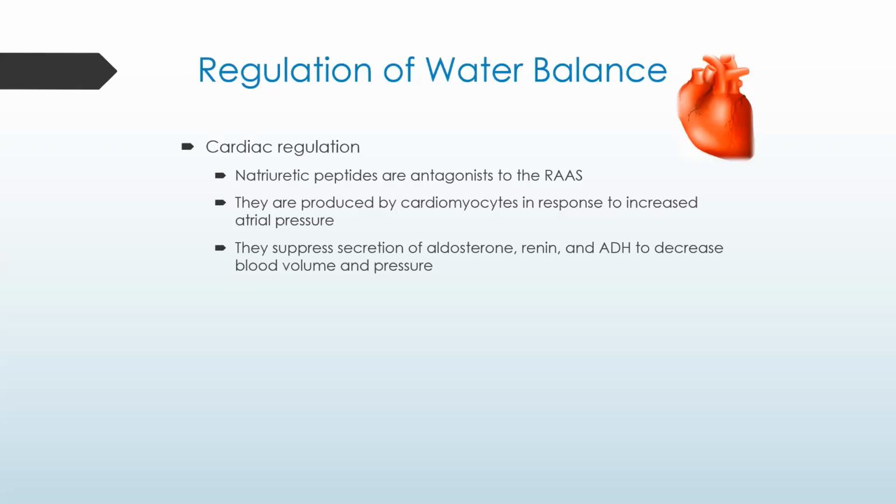So what you end up seeing is the peptides, by promoting excretion of sodium and water, result in a decreased blood volume and blood pressure. So the hormones there are just kind of a back and forth system. One helps to increase the pressure, one helps to decrease the pressure, and they work back and forth to keep that where it needs to be.